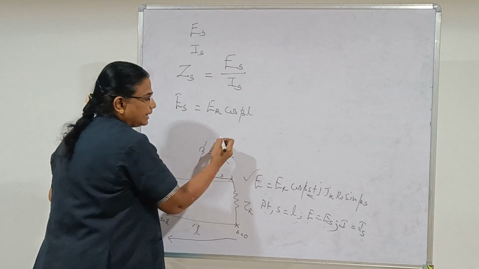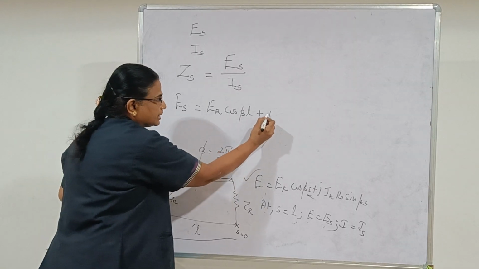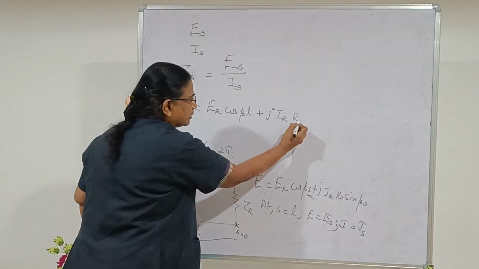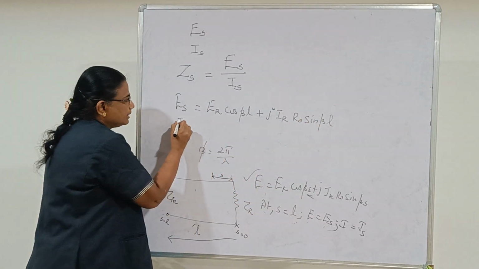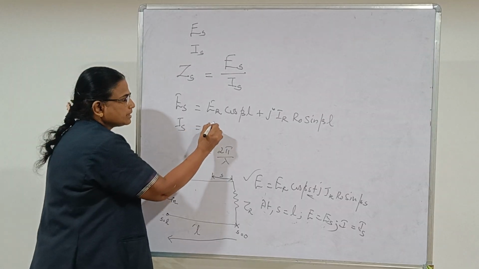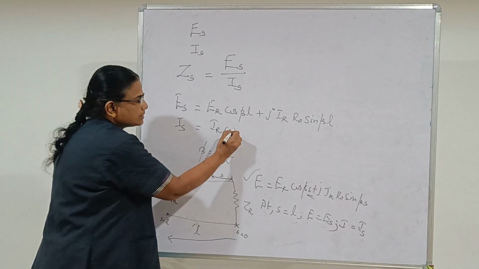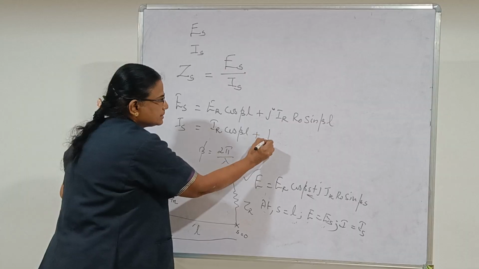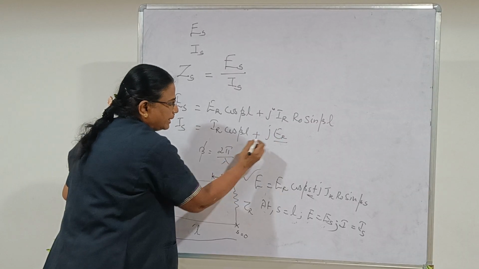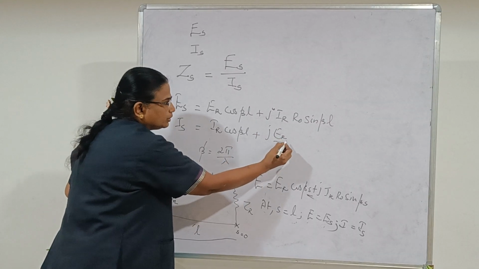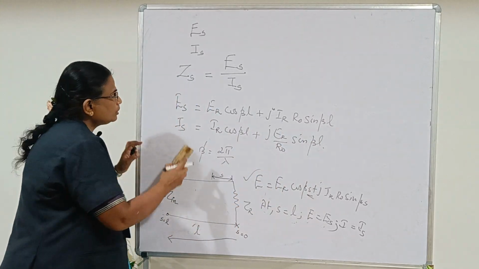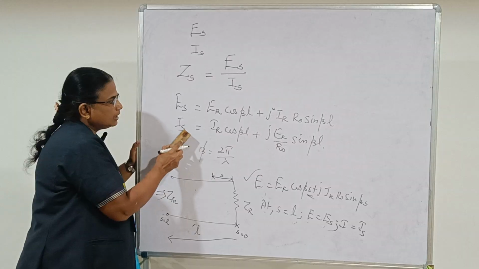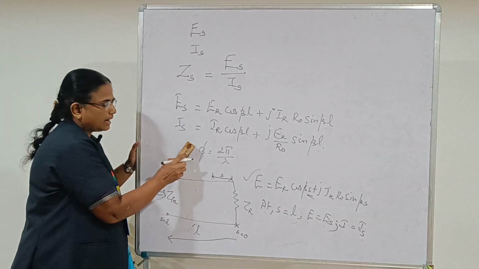Instead of S you have to write L, plus J IR R naught sin beta L. Similarly, the sending end current is written as IR into cos beta L plus J ER by R naught into sin beta L. Now, to find the sending end impedance, divide ES by IS.